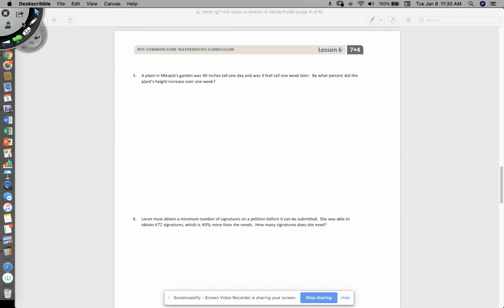All right, number 5 says, a plant in Michaela's garden was 40 inches tall one day and was 4 feet tall a week later. What is the percent of her height's increase over the week? So one thing you got to notice here is we're dealing with 2 different types of measurement. We went from 40 inches to 4 feet.